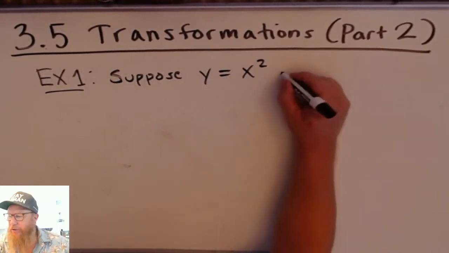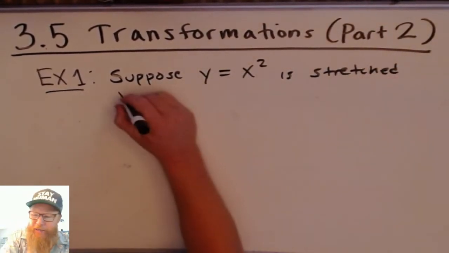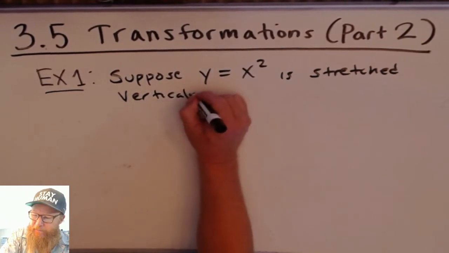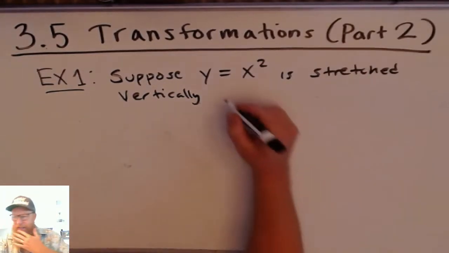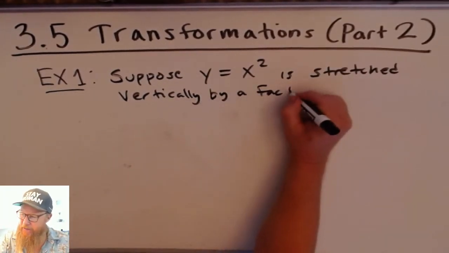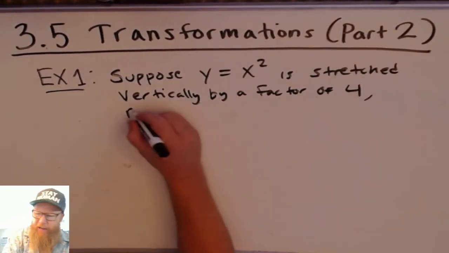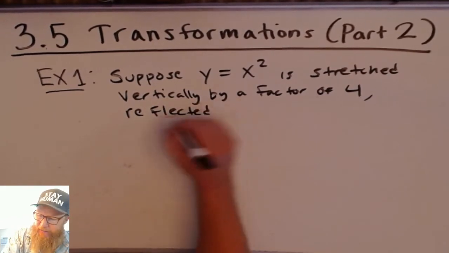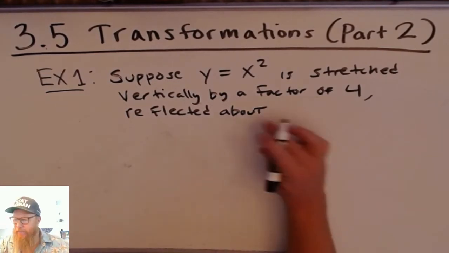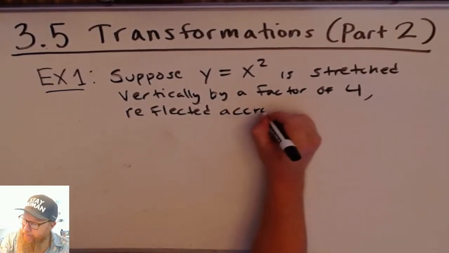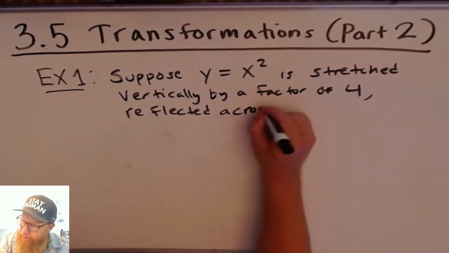That's our mother function, stretched vertically by a factor of 4, reflected across, or about, we can also say across. There's only one C in across, that's why I like to say about.